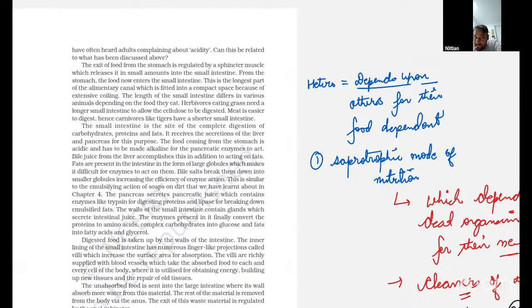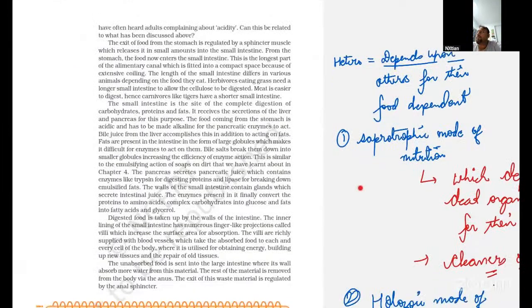See, some adults complain about the acidic problem. Acid reflux or acidity. They have a burning sensation. So what happened? The stomach releases acid. Because of excessive acid, it will come into the esophagus. Now, the esophagus doesn't have mucus to protect it from the HCl.